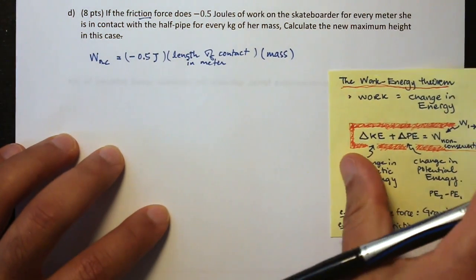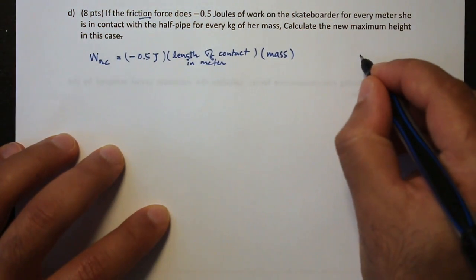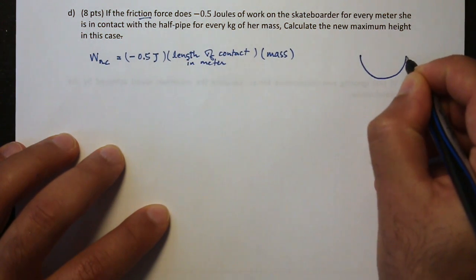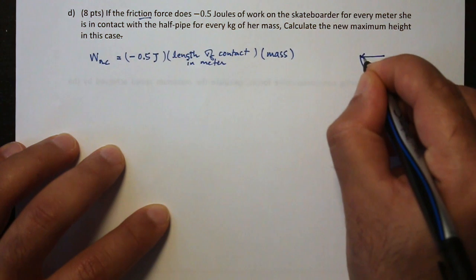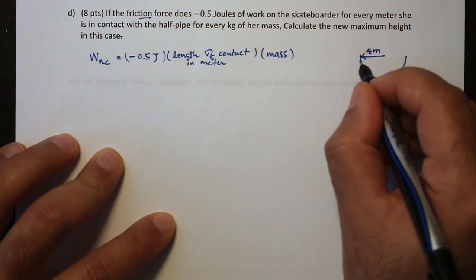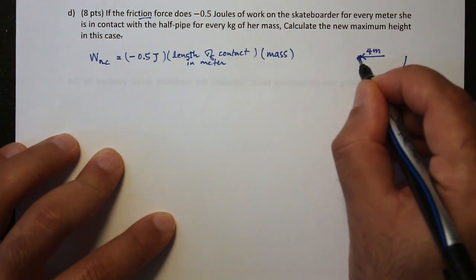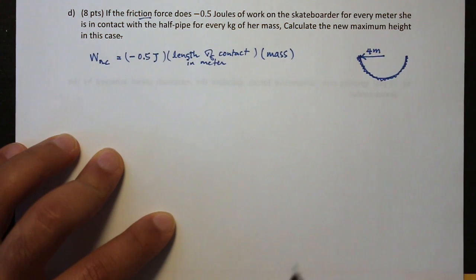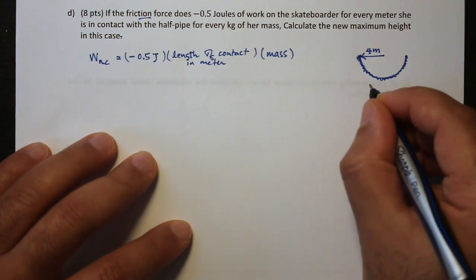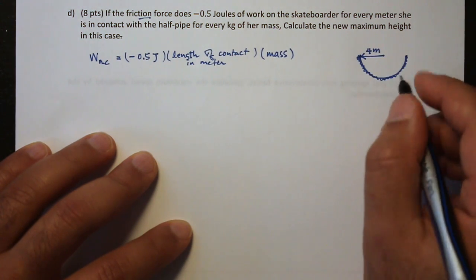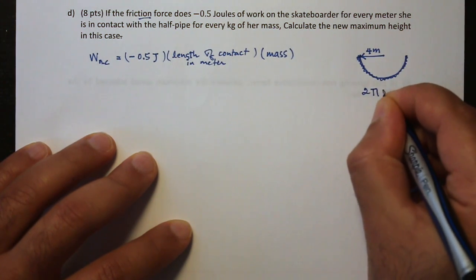The length of the contact in meters, I was told in the head of the problem that the half pipe is a perfect semisphere whose radius is 4 meters. So if the radius is 4 meters, that means that the length she's in contact with the half pipe is this whole semicircle. And I know that the length then will be half a circumference. A total circumference is 2 pi r.